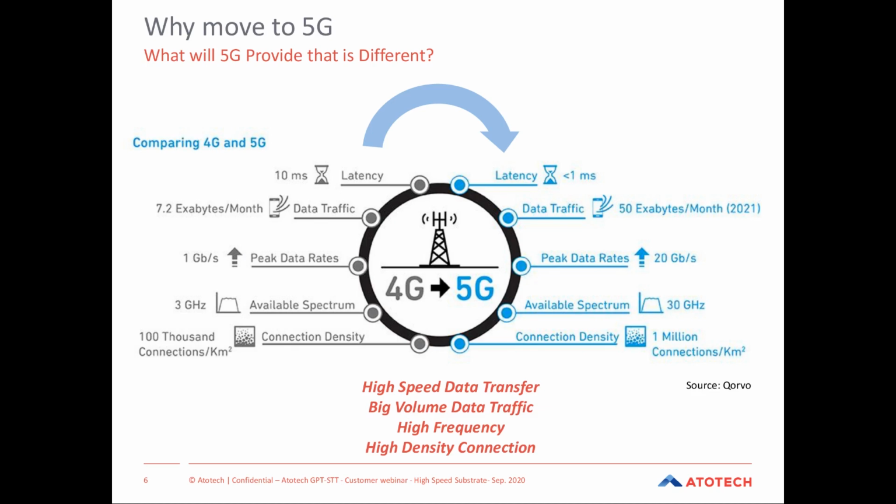Not only talking about the fine line because of miniaturization, we also, as I mentioned before, have the high frequency. Because of the technology shift, we are in the transition from 4G to 5G. In 5G, as we know, it is all about connections.